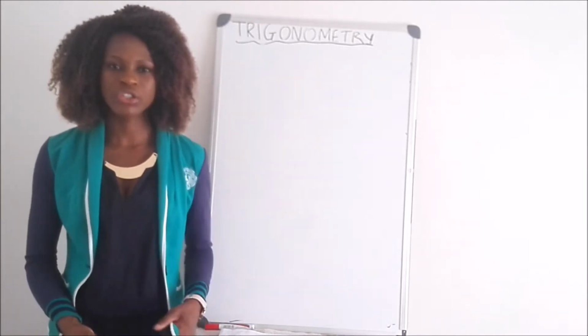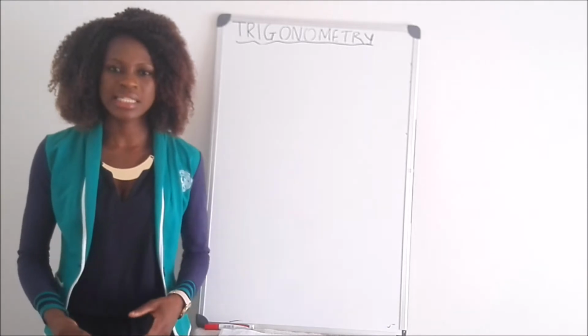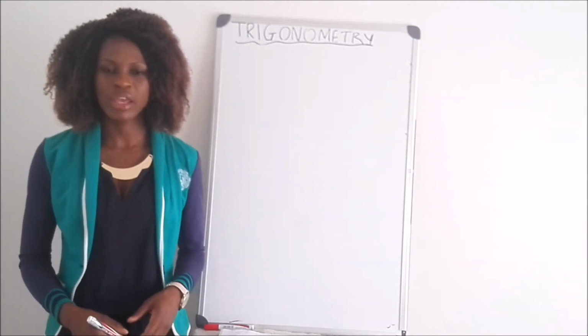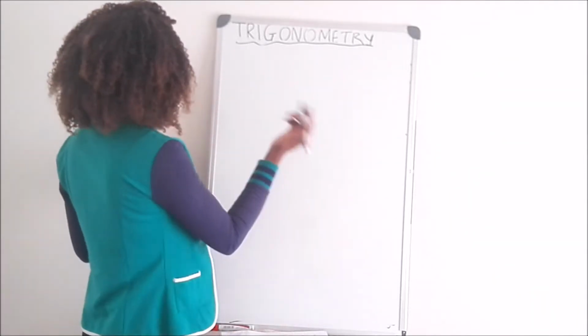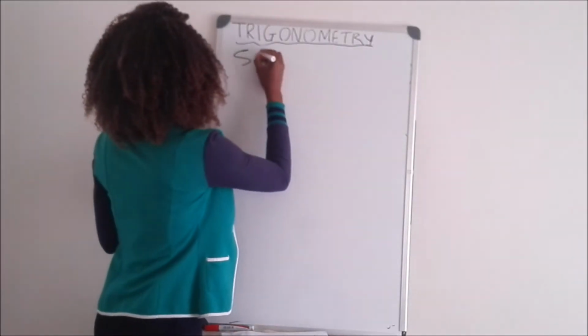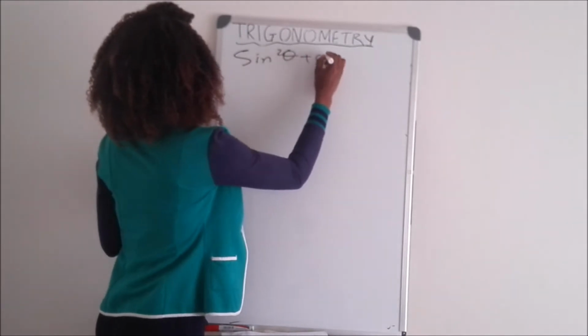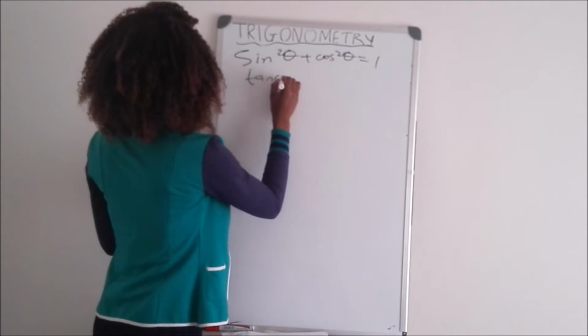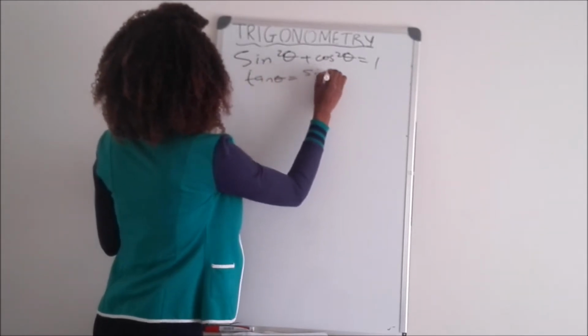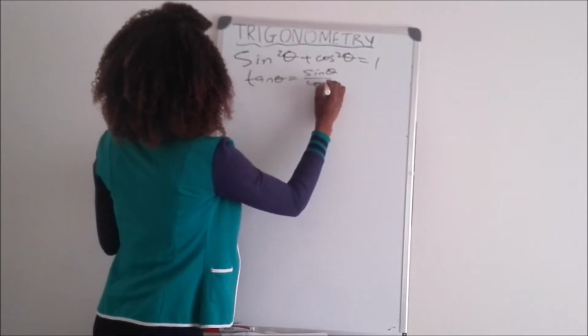Alright, today we'll just do examples on identities and see how we can solve questions on identities. Let me write the identities down: sine squared theta plus cos squared theta is equal to 1, and tan theta is equal to sine theta divided by cos theta.